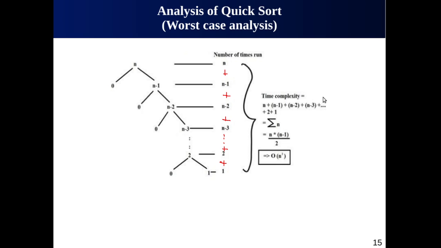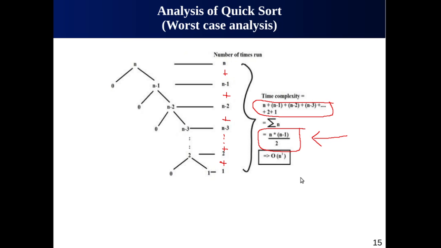So it will give you an equation like this. And we know from mathematical summations that we can write it like this: n into n minus 1 divided by 2. Now this is our final running time of the worst case of the quicksort algorithm.